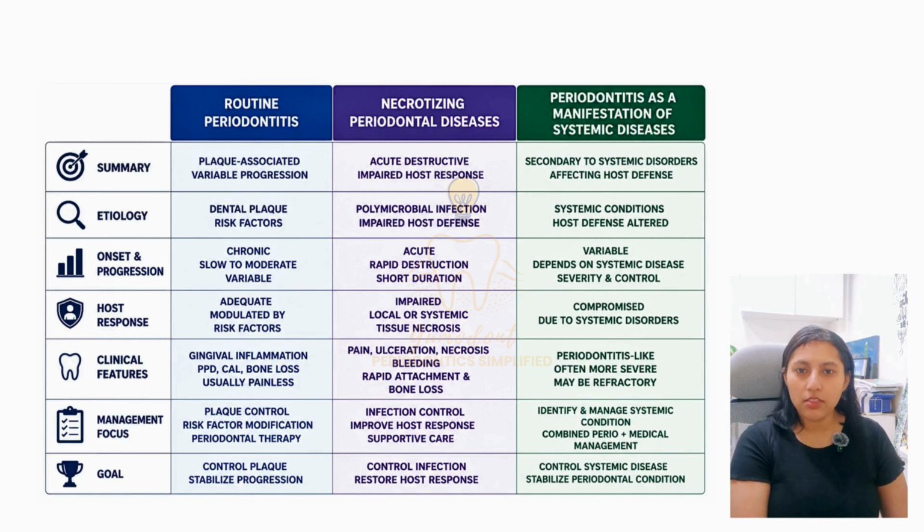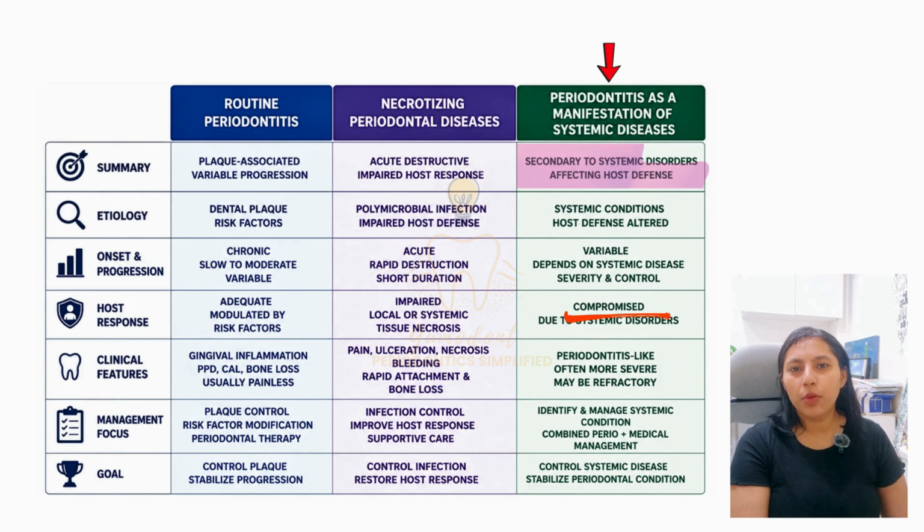So, if we summarize, routine periodontitis is primarily plaque associated with variable progressions and influenced by risk factors. Necrotizing periodontal diseases are acute destructive lesions associated with impaired host response. And periodontitis as a manifestation of systemic diseases occurs secondary to the underlying systemic disorders affecting host defense.